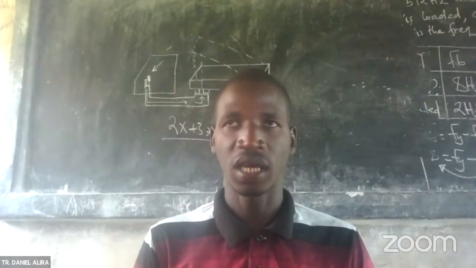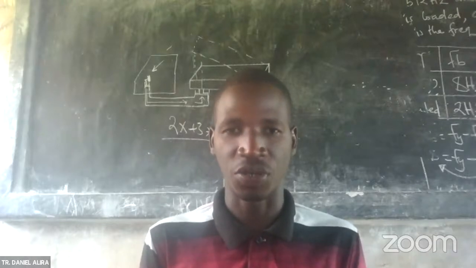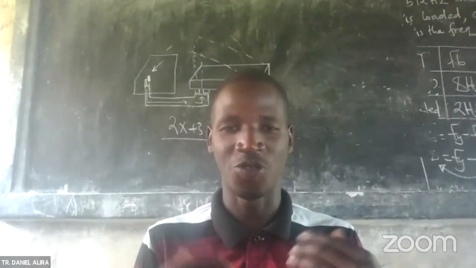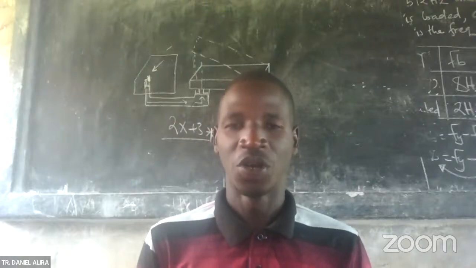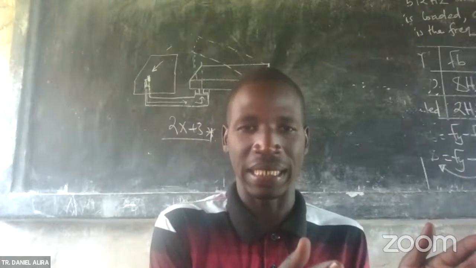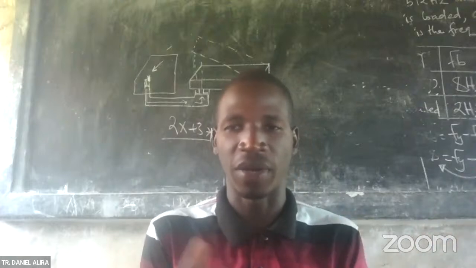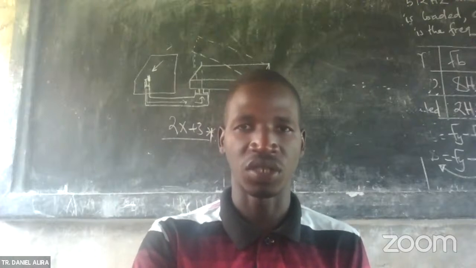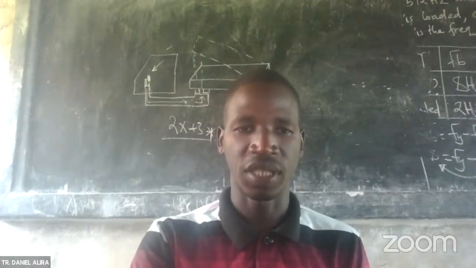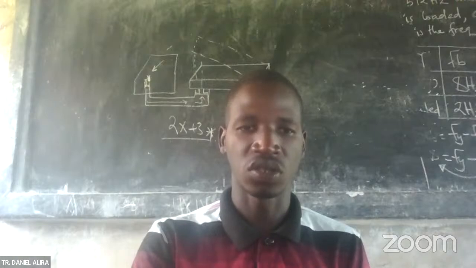We looked at how to form a quadratic equation from given roots, and also how to form a quadratic equation from a given equation. Today, we are going to start a discussion on solving quadratic equations.